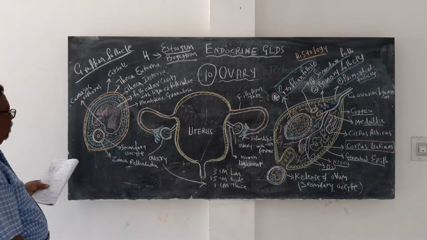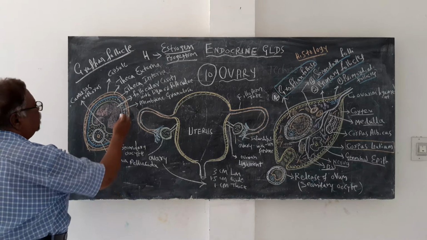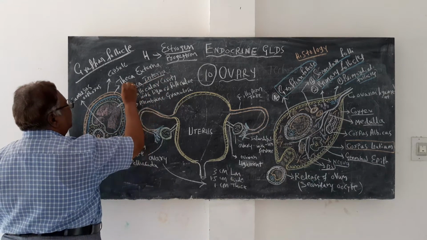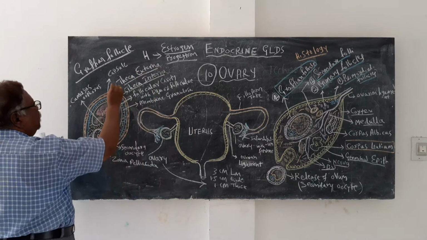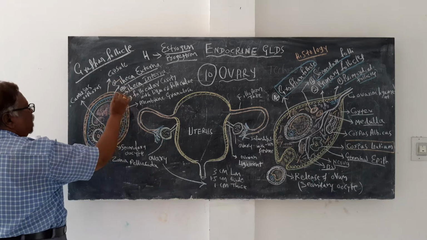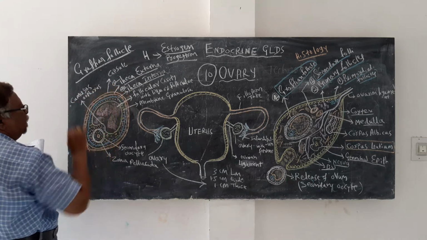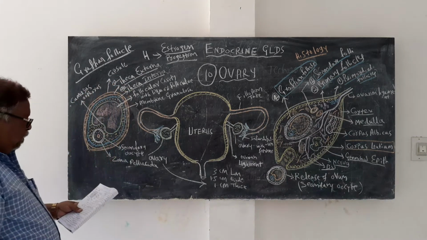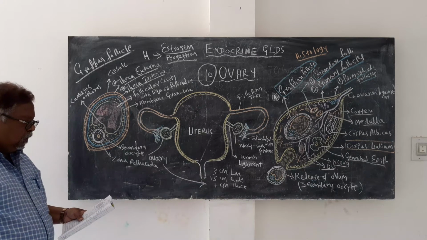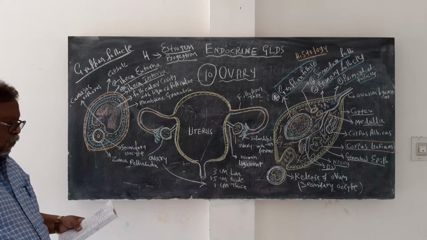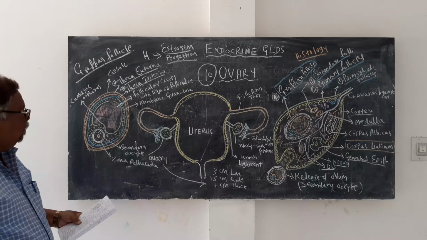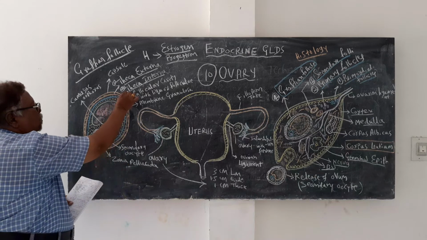It is surrounded by two layers, that is theca interna and theca externa. This is the first layer, this is the second layer. An inner vascular layer, the theca interna.